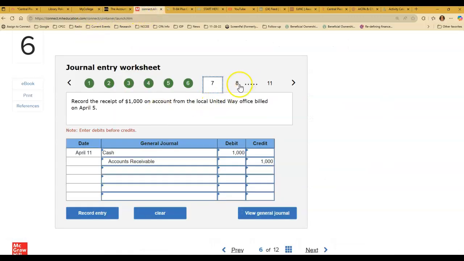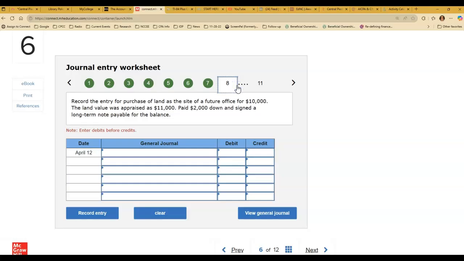All right. Number 8. Record the entry for purchase of land as the site of a future office for $10,000. The land value was appraised at $11,000. We paid $2,000 down and signed a long-term note payable for the balance.